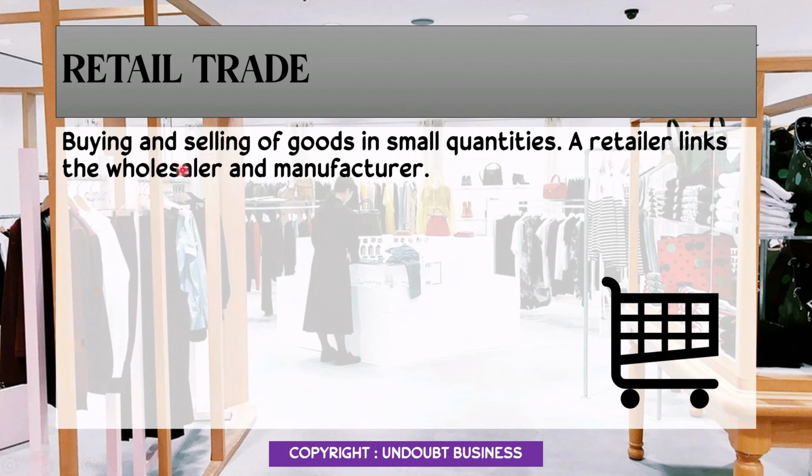Now, the second type, the further classification, was retail trade. Internal trade is wholesale trade and retail trade. Now let's focus on retail trade. Remember, the wholesaler has purchased a particular commodity in bulk. Now, the wholesaler will further sell that commodity to a retailer.